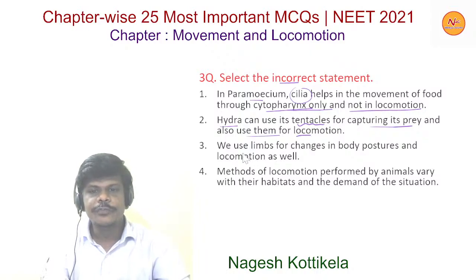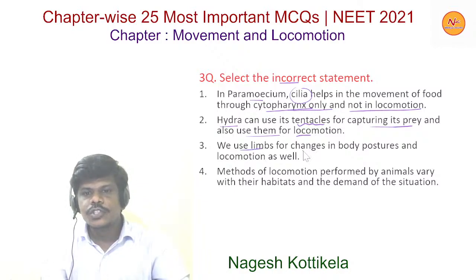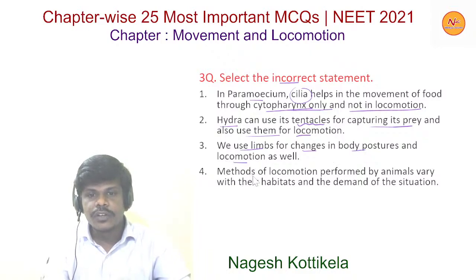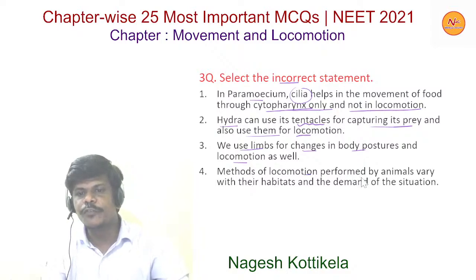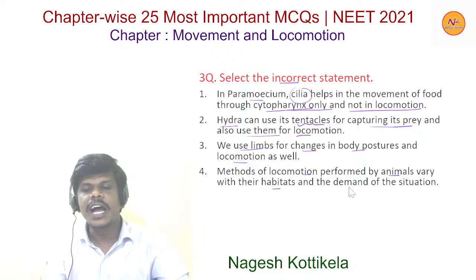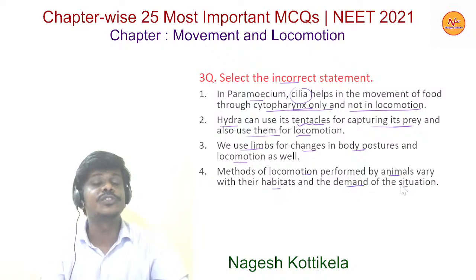Option 3. We use limbs for changes in body postures and locomotion as well. And 4. The methods of locomotion performed by animals vary with their habitats and the demand of the situation.